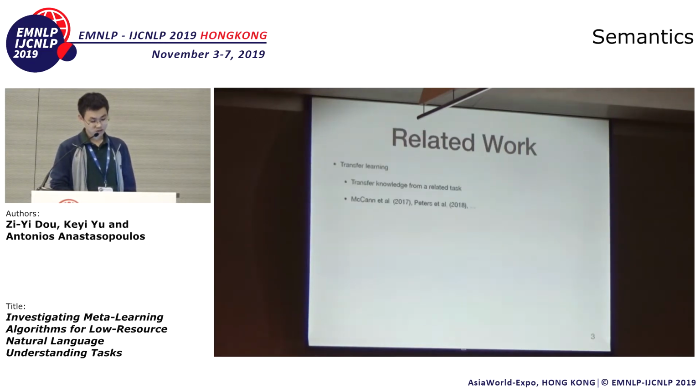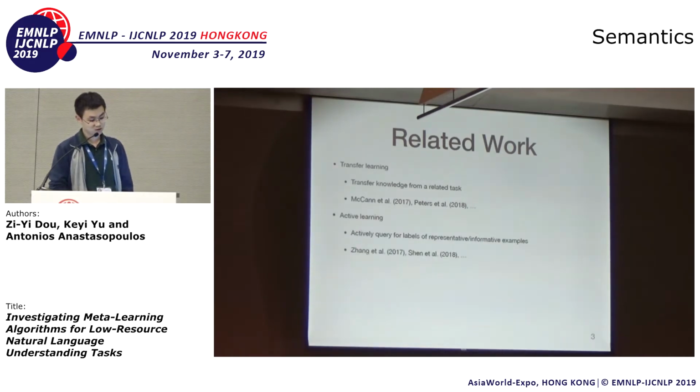Previously, researchers have tried to use transfer learning to solve this problem. The basic idea is that they first train the model on a related task, and then fine-tune the model on the target task. The representative works include the context vector method proposed by McCann and others, and the MAML model proposed by Peters and others.